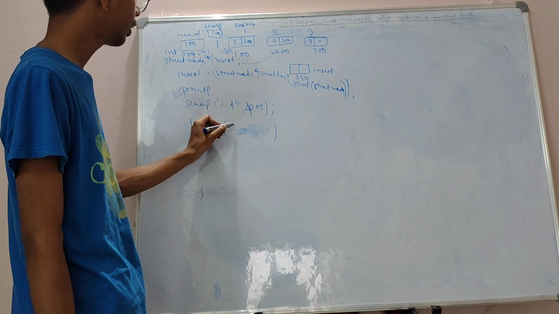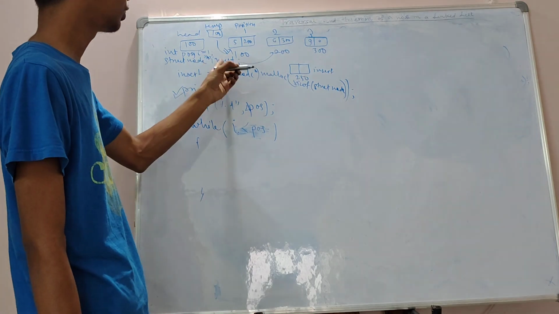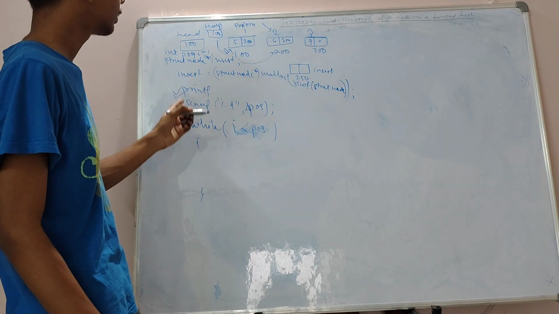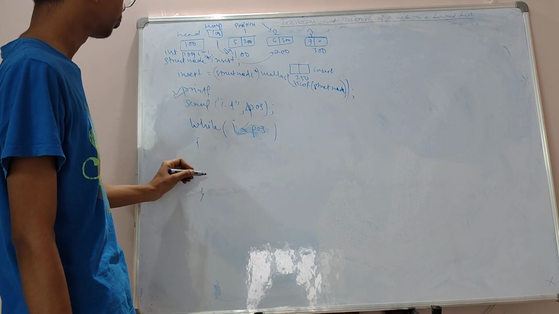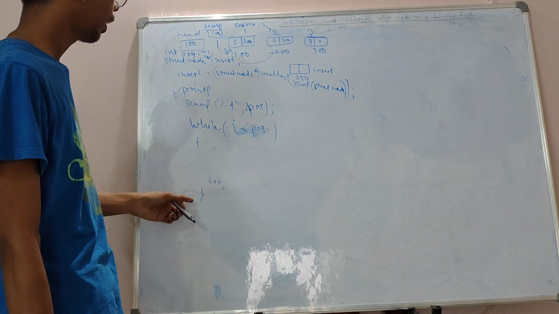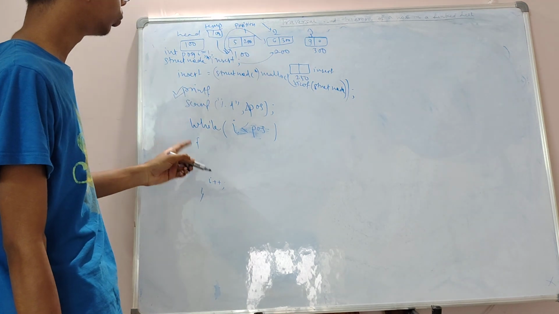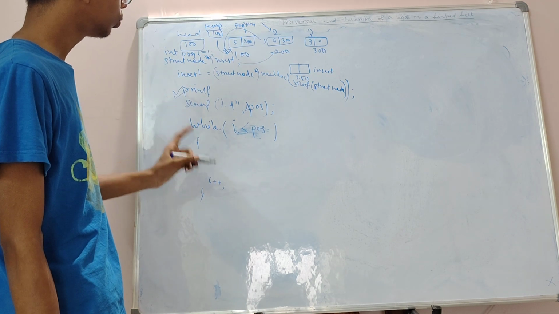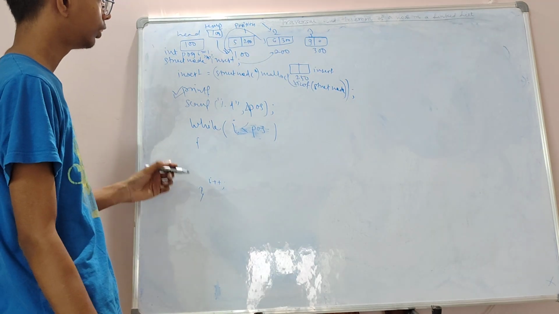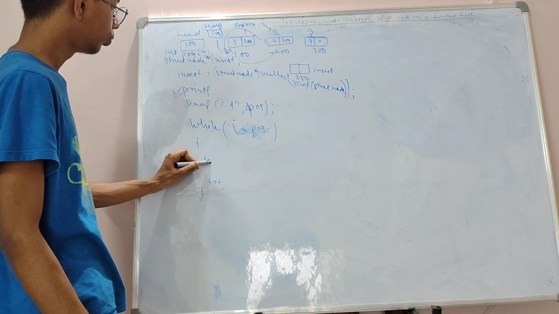So I will write while i is less than position, and i starts from 1. Position is 2 and in the first iteration i is 1, and then after temp goes here, i will become 2, and 2 will not be less than 2, so it will break from the loop.